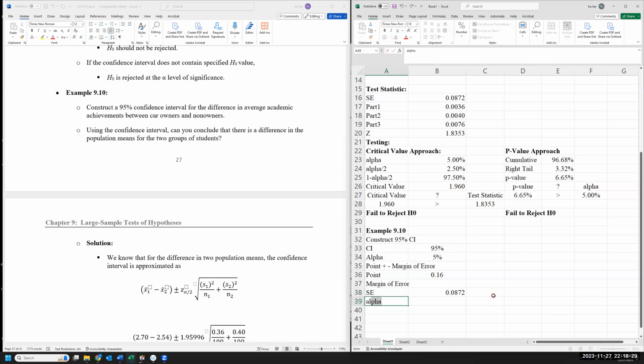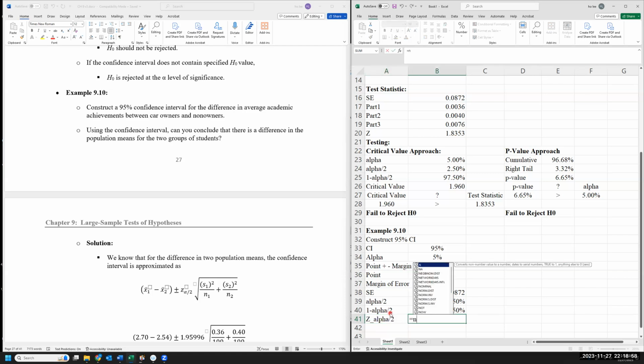So we have an alpha of 5%. Alpha divided by 2 is 2.5%. And then we have 1 minus alpha divided by 2, because I need to find the cutoff, the z of alpha divided by 2.